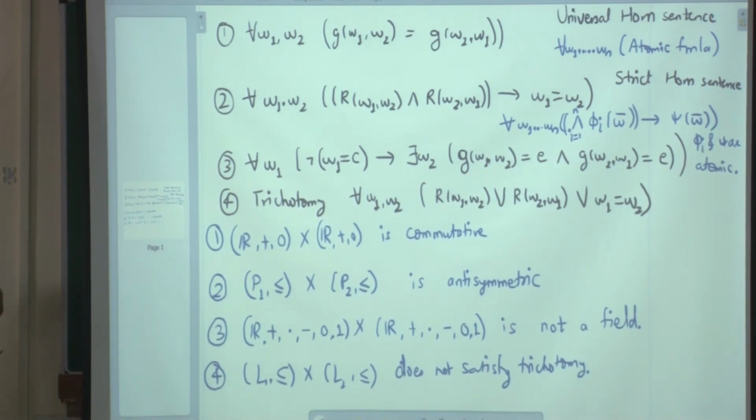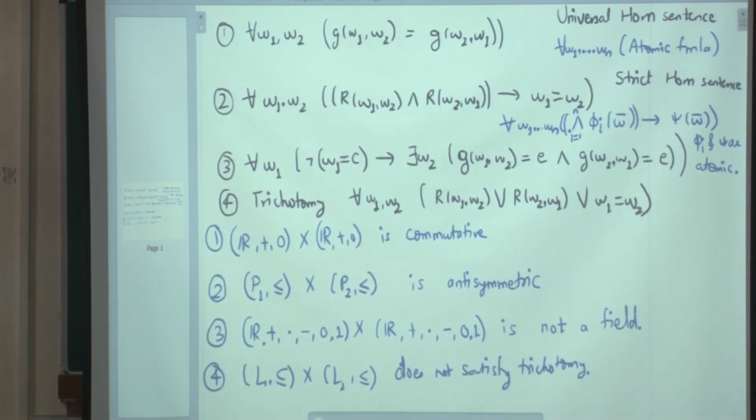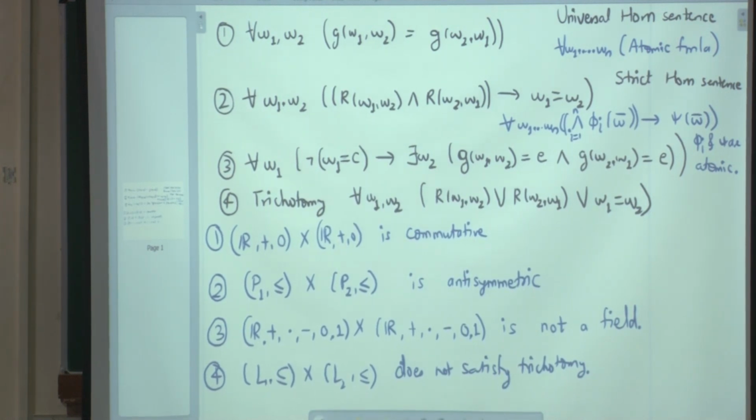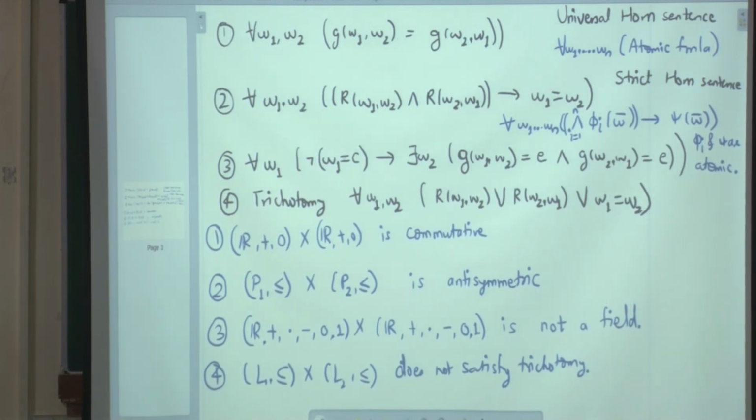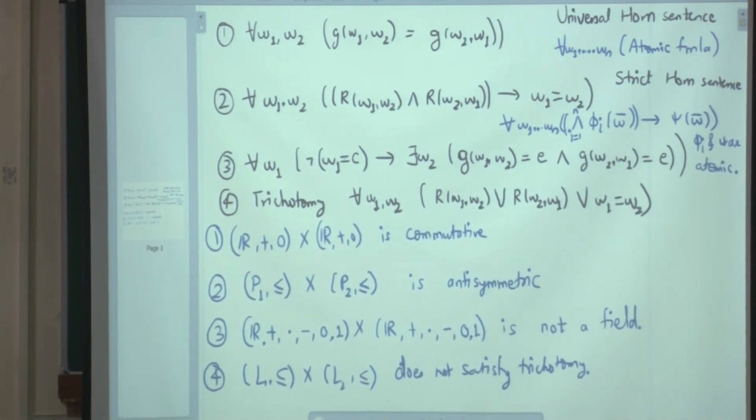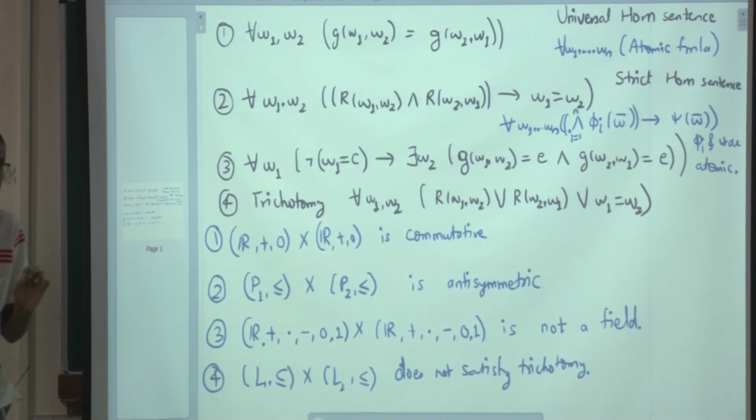Okay, so what is important here is that if your axiom happens to be a universal Horn sentence, then it is preserved under products, and conversely also it is true. So a sentence is a universal Horn sentence if and only if it is preserved under generalized products.